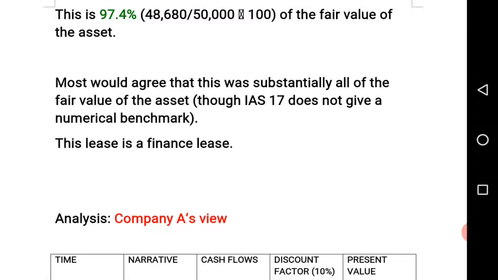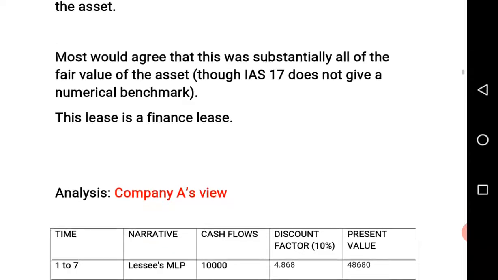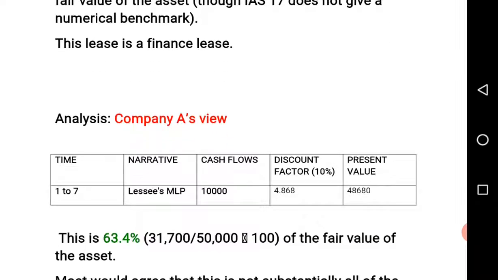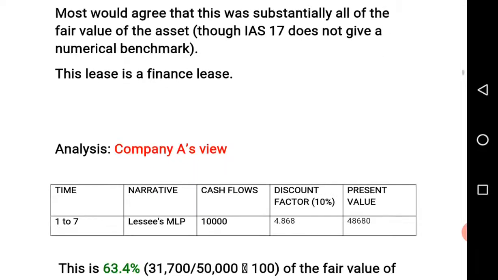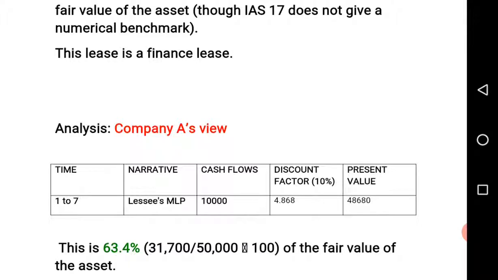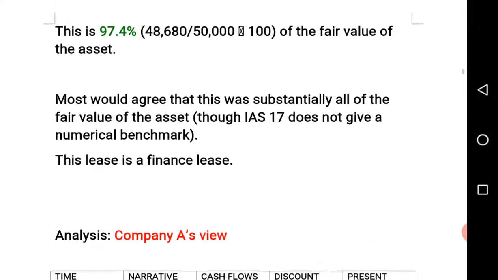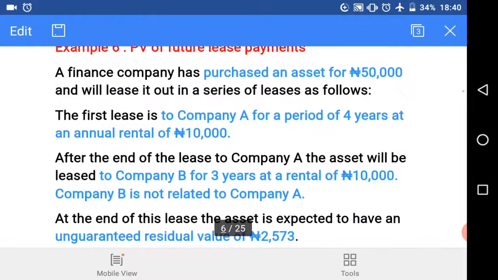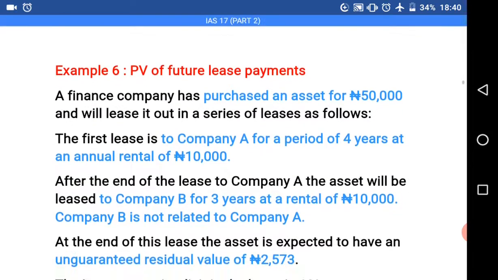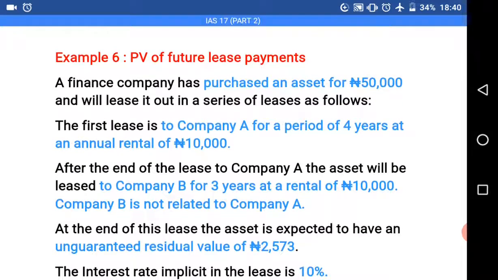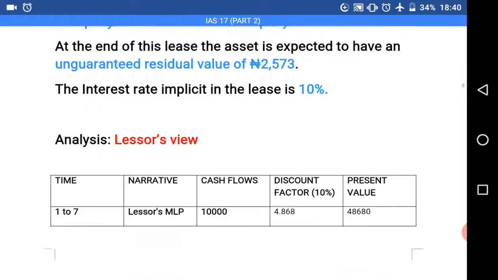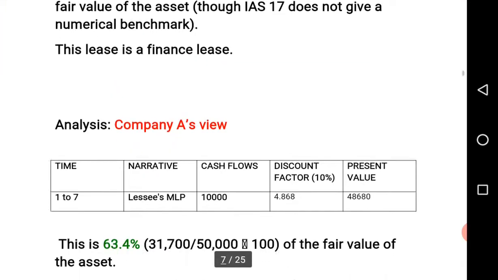Now we have company A's point of view, that's the lessee's point of view. There's an error in the table here because it reflects the same thing. Here the table is supposed to be different. Company A, since it is not related to company B as in the question, is supposed to have 4 years instead of 7 years down here.